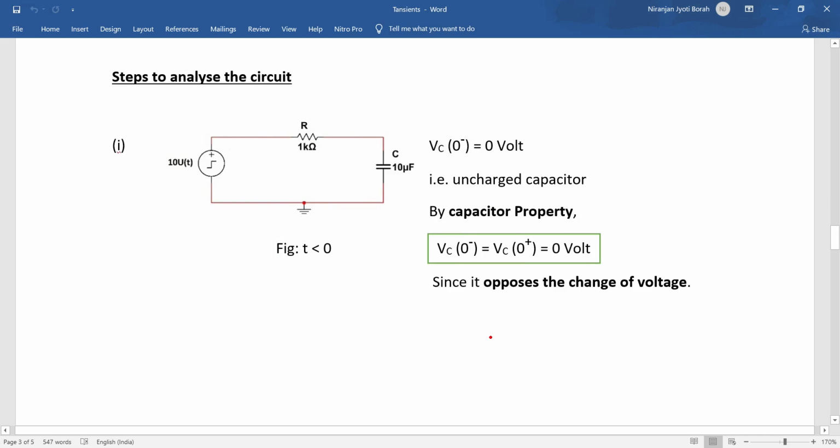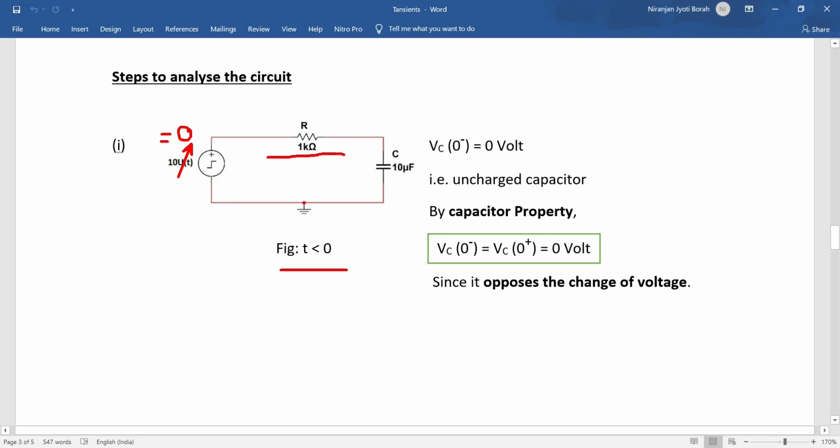Now, let us solve the circuit theoretically using the shortcut method before actually implementing it in Multisim software. As discussed, let us analyze the circuit for t less than 0. We know for t less than 0, u(t) equals 0.